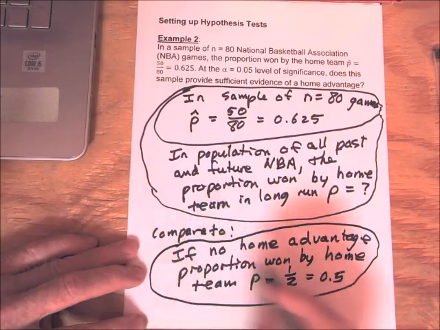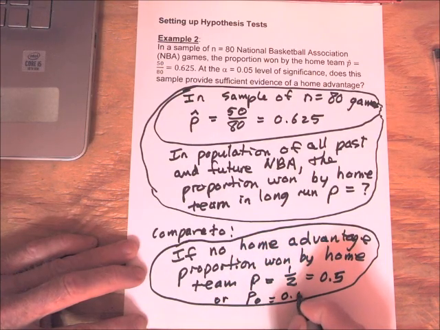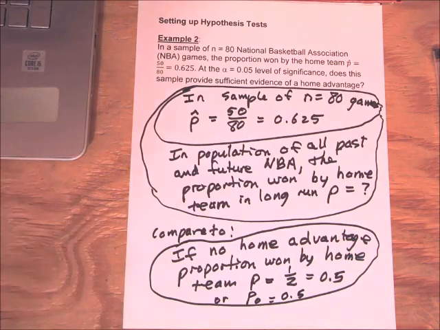Some books call this P0, or in some textbooks you might see P0 equal to 0.5 to distinguish.